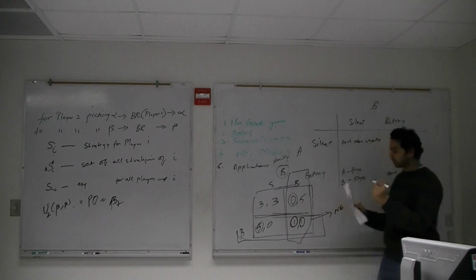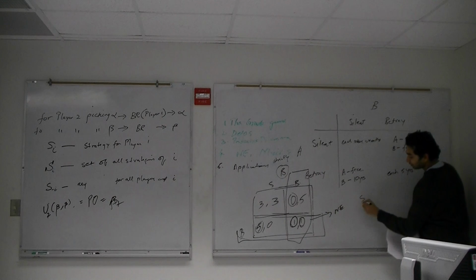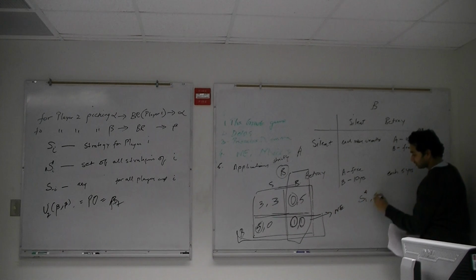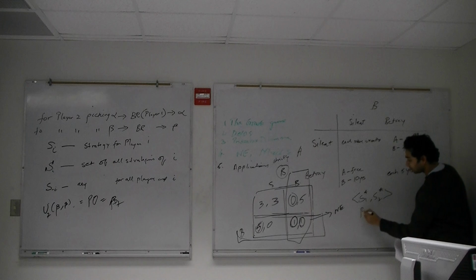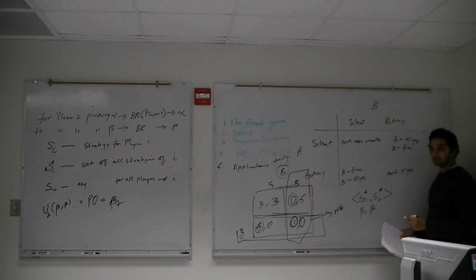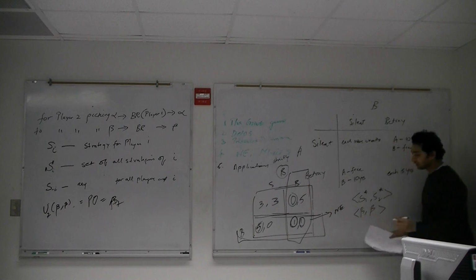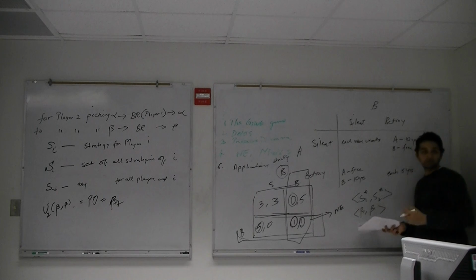So you arrive at a particular S1 star, S2 star. In this case, it's Betray, Betray. This particular thing is the Nash equilibrium.